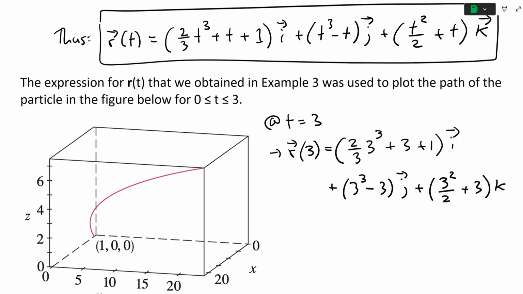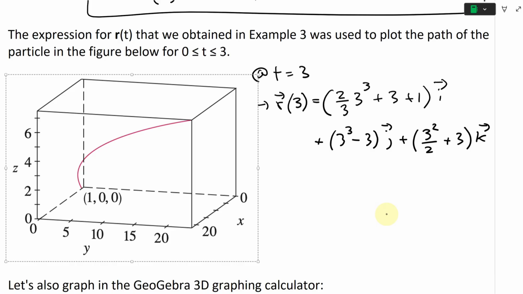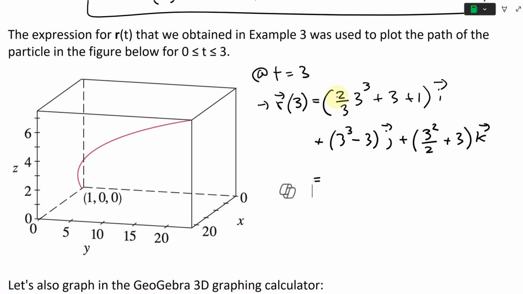Like that. This is our k component. So let's just evaluate this. The top part, we can cancel one of these out, so cancel the 3, this becomes a 2. In other words, 2 times 3 to the power of 2, that's 9. So 2 times 9 is 18. So 18 plus 3 plus 1.